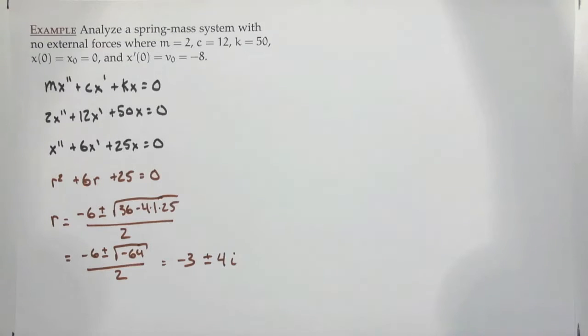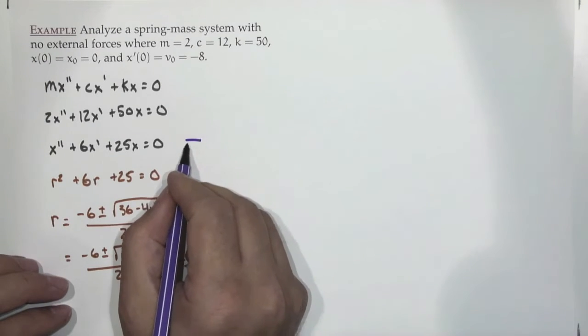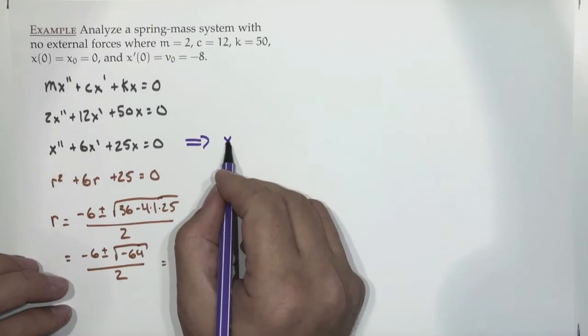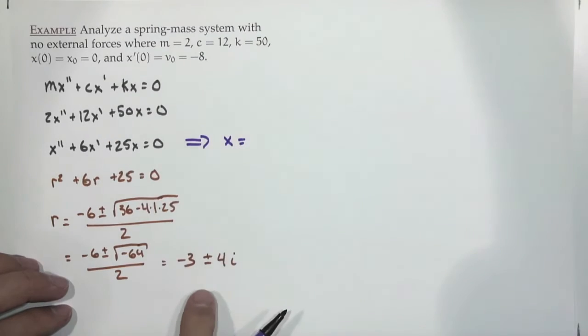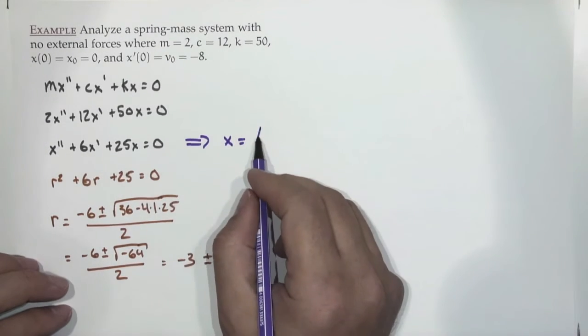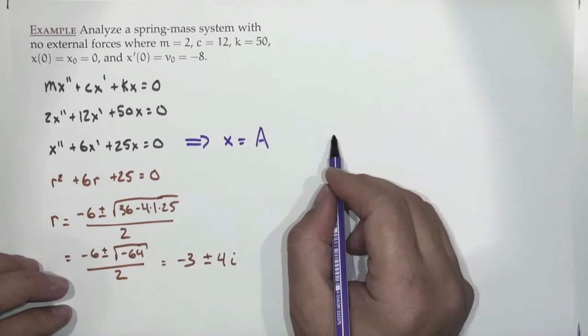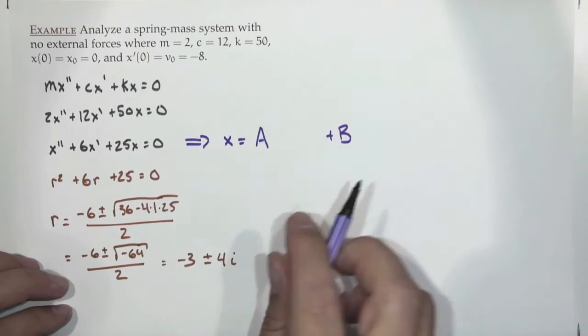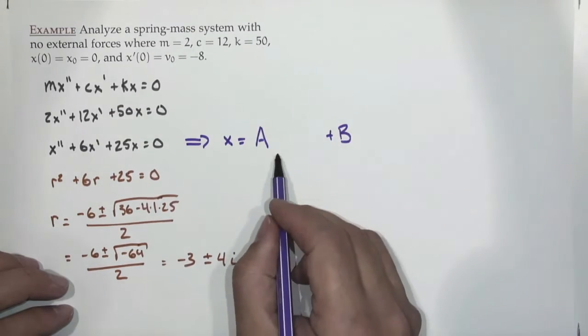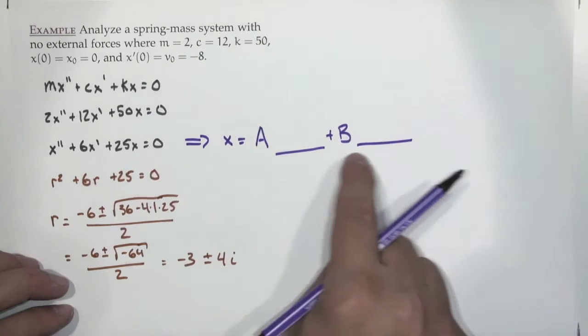All right, great. So we've solved our algebra problem. Now we have to translate that into what it means for our differential equation. Well, we're going to have two solutions, A times something plus B times something. But what are the pieces? What goes into these slots?